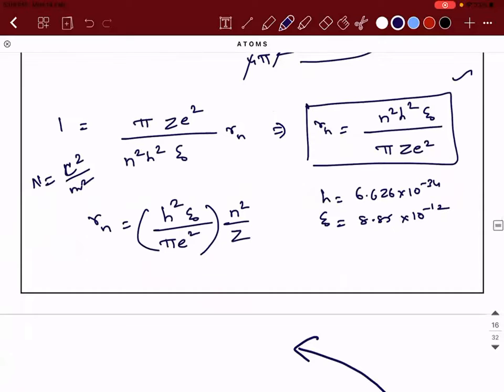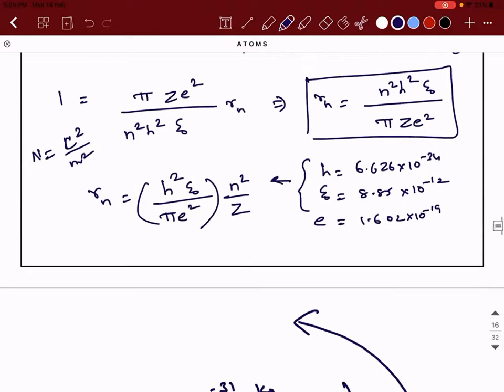Similarly, you have e as 1.602 into 10 power minus 19 coulomb, right? If you take all these values and substitute them here, then you'll get the value of Rn. Pi is also there, pi is 3.14.